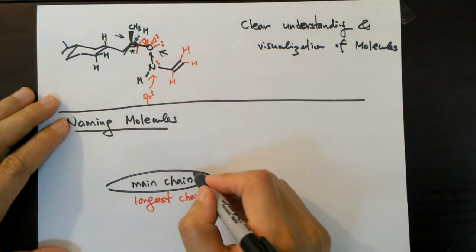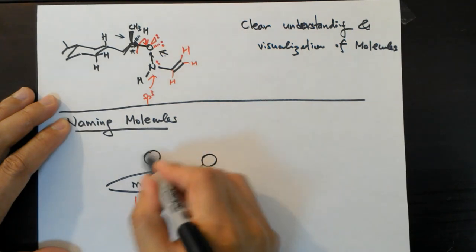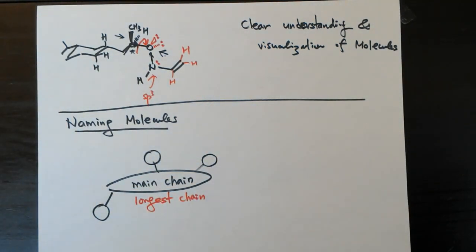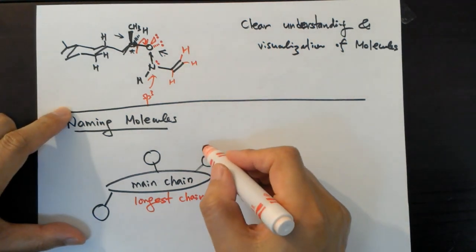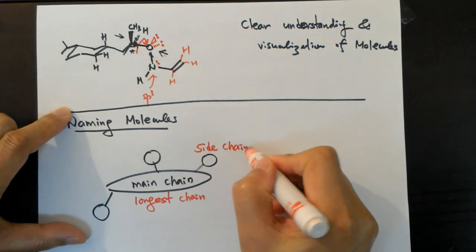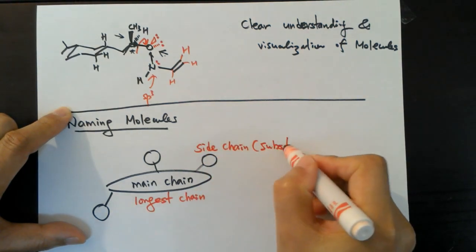Then you find things that are attached with a fewer number of carbons, so we call it side chain or substituents.